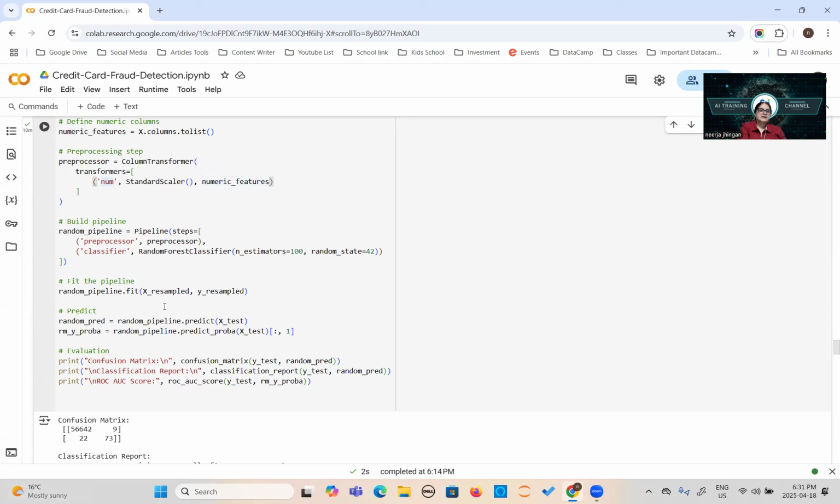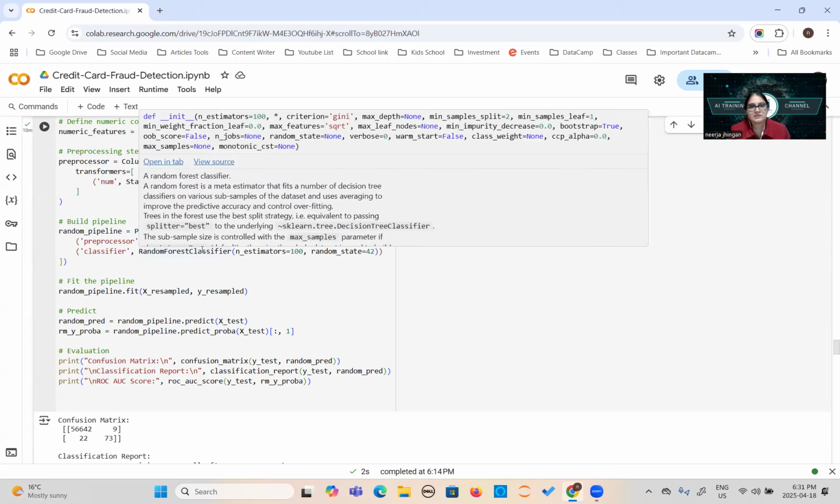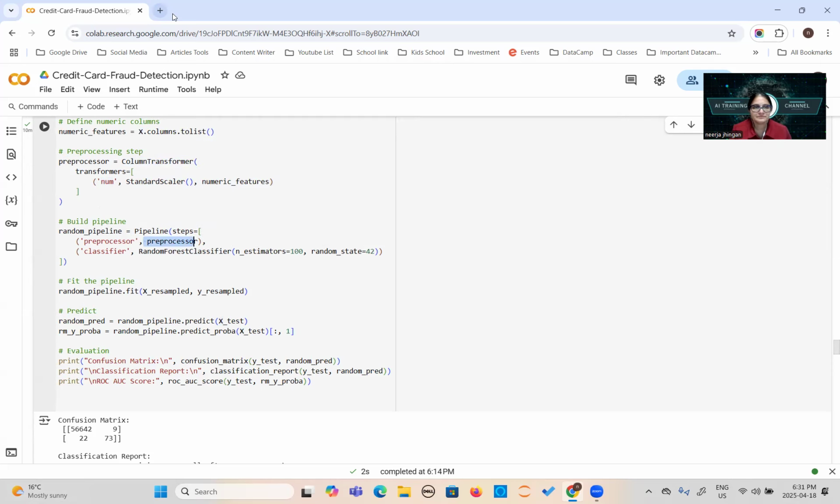And then build the pipeline. We will build the pipeline with the random forest classifier. The pipeline steps: first the preprocessor. Now look at this. This is going to be your pipeline. The first step is the preprocessor. What is it doing?